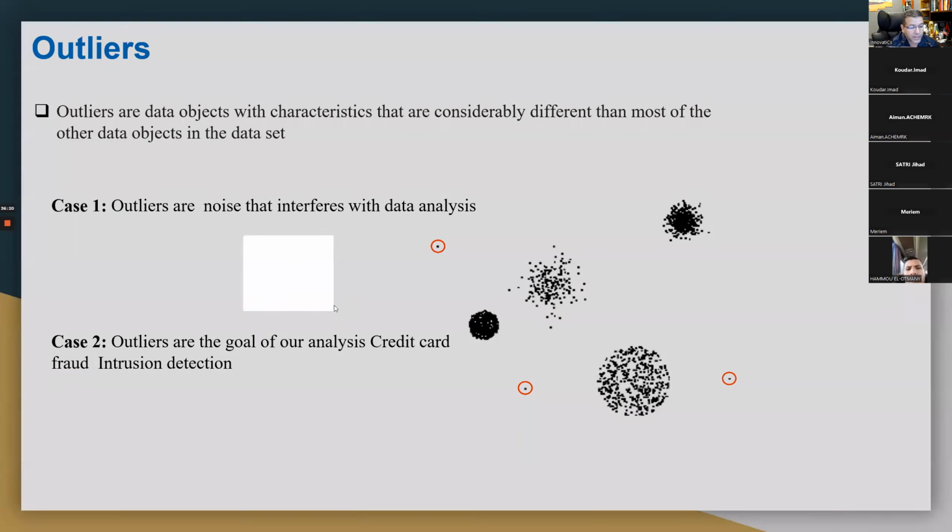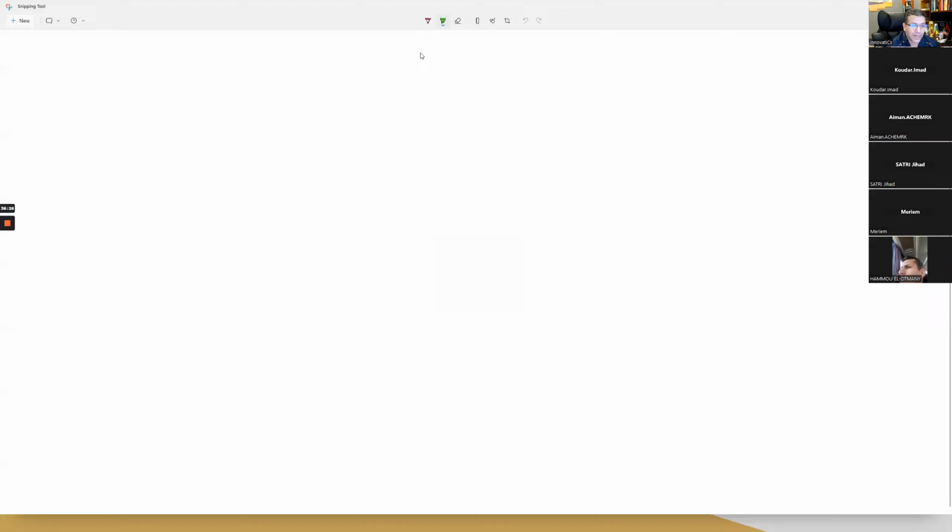But statistically speaking, if we want to speak the language of statistics, any outlier is any data that is at least 3 standard deviations from the mean.